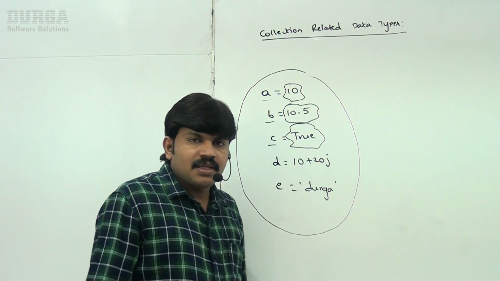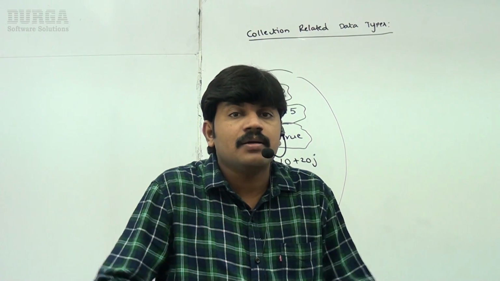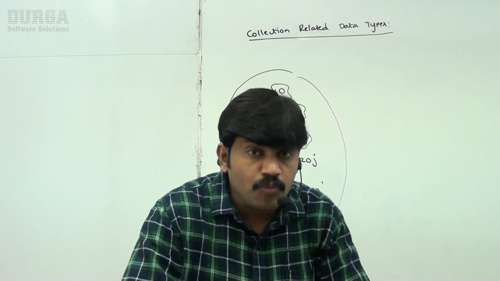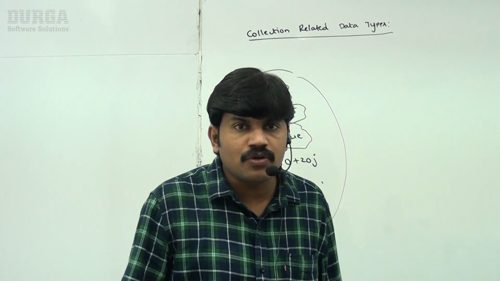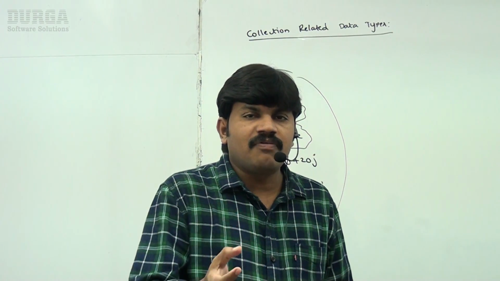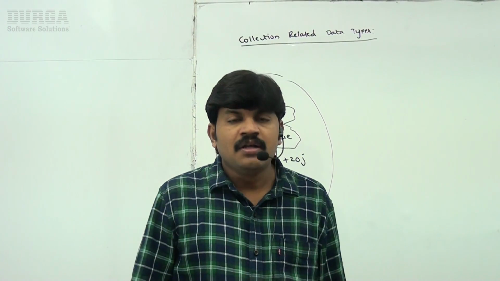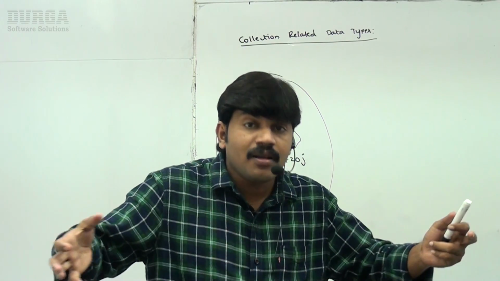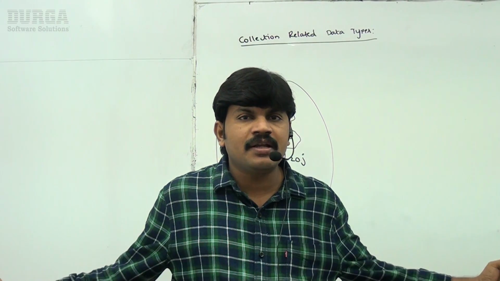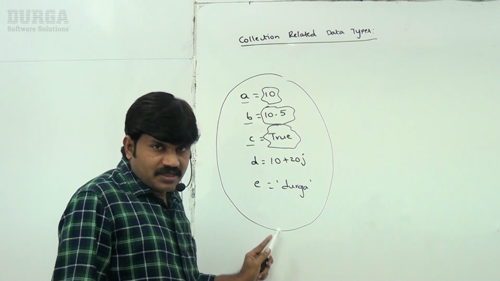Sometimes in my programming requirement, I want to hold a group of values together, something like names of all students, roll numbers of all students, all mobile numbers, all mail IDs. I want to represent a group of things. Then we should not go for these fundamental data types.